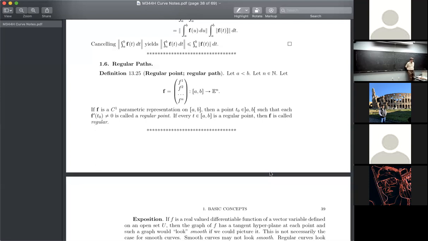That's the smooth part. Now, if the derivative is never 0, then the curve is called regular. So at each point, you look to see whether the derivative is 0 or not.